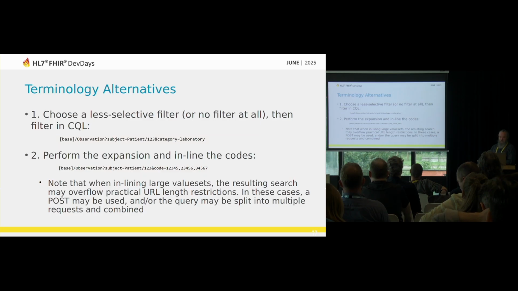We can choose a less selective filter or no filter at all, and then filter within the CQL itself. Or we can perform an expansion and inline the codes for the retrieval process. Note that when inlining large value sets, the resulting search may overflow practical URL length restrictions. You can either post or split those out into multiple requests and combine the responses.